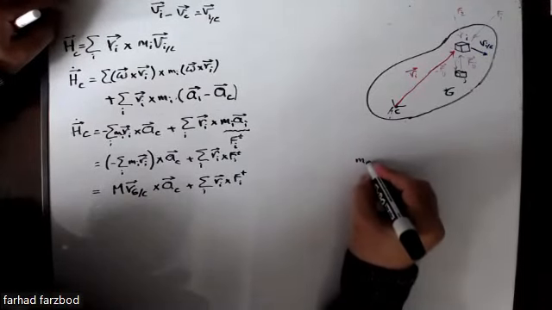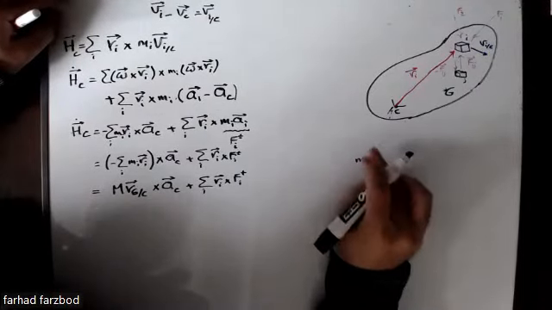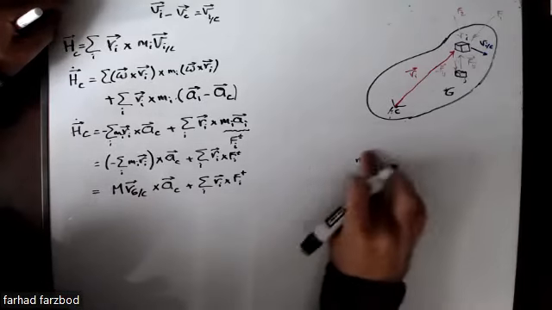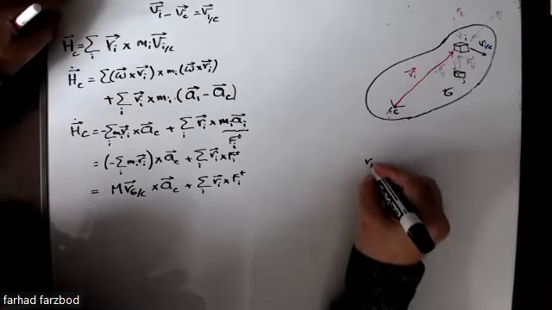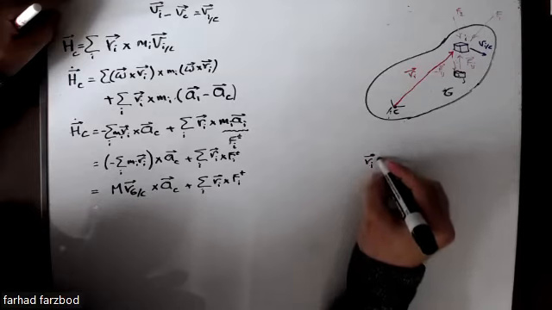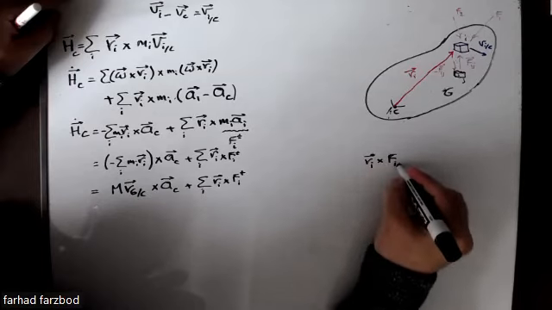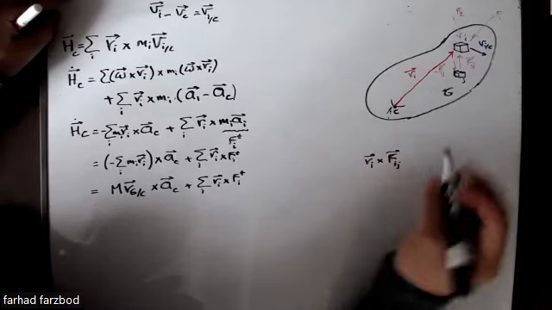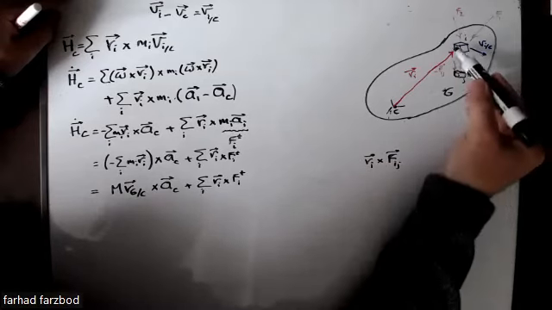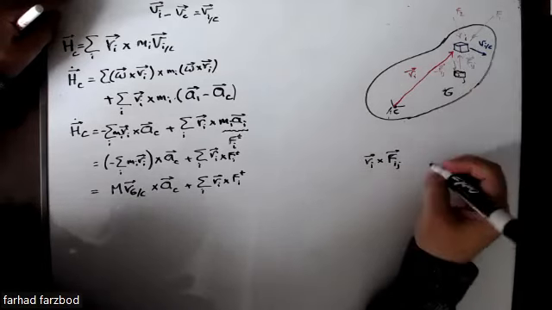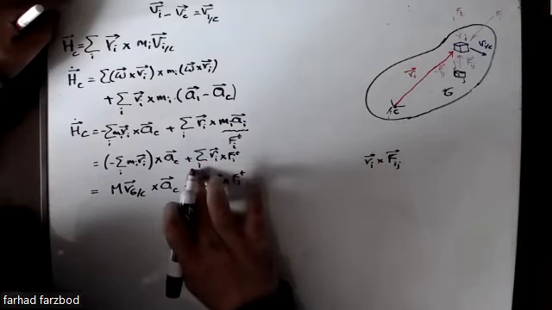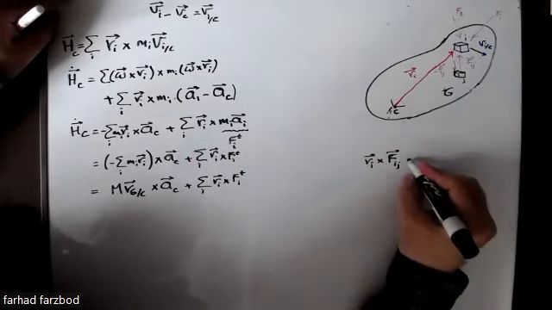So I would have Ri, for example, cross Fij, right? I'm talking about just this force between these two particles. And I add them because I sum over all particles.